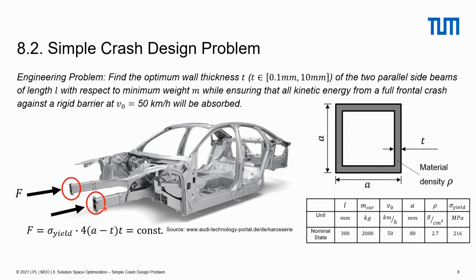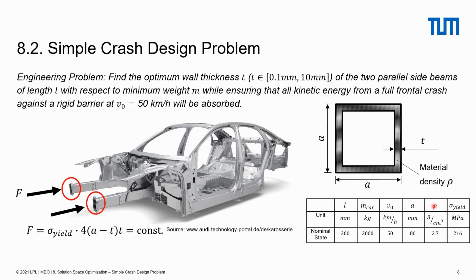The cross section of a side bin is assumed to be a square with length A, the thickness is T, and the material density is ρ.